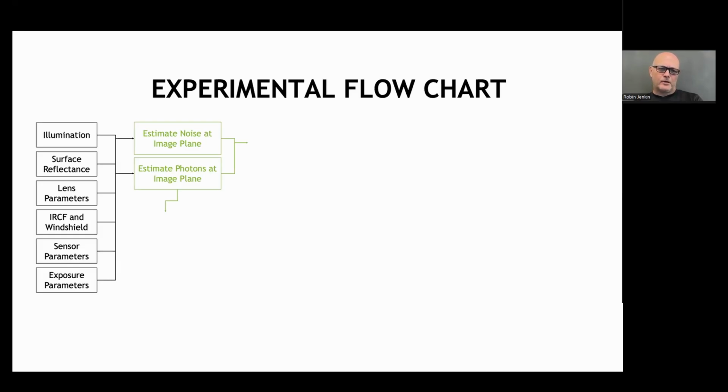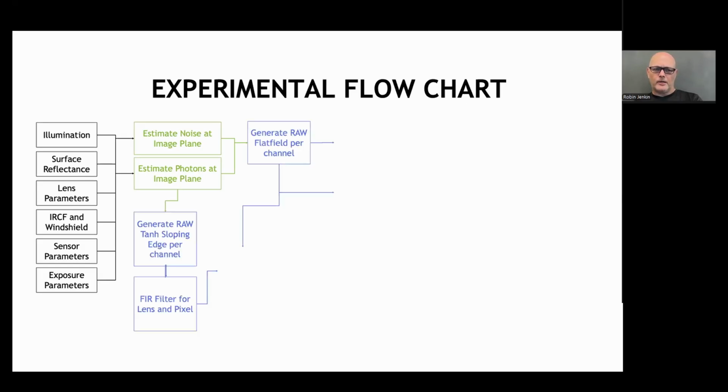And we can also estimate photons at the image plane. We generate a raw flat field per channel. And I'm also generating some other images that I use for other things.